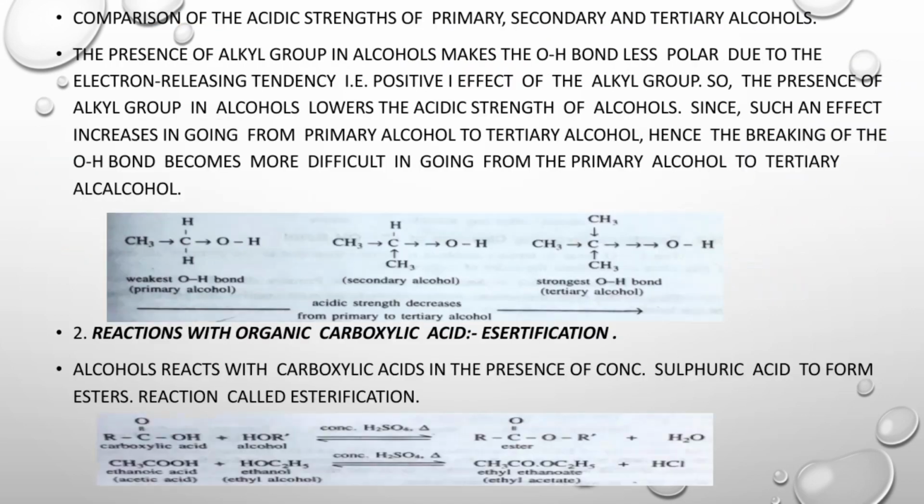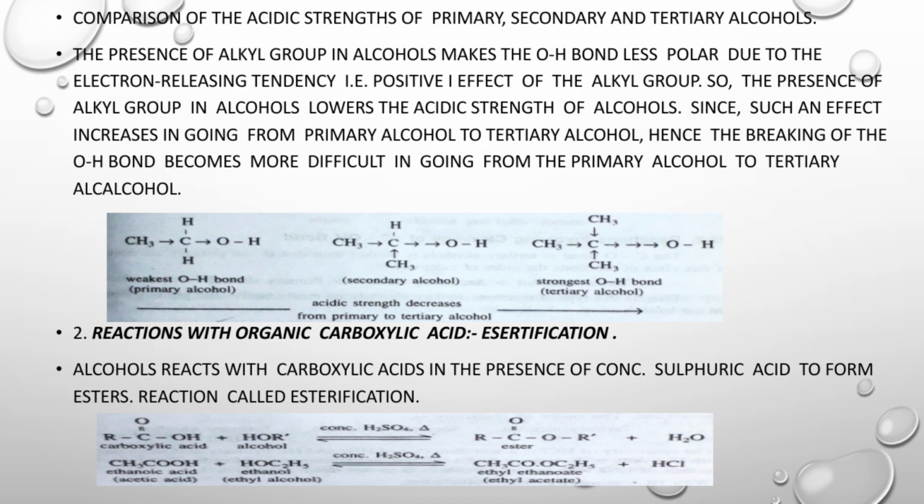Another is the comparison of the acidic strengths of primary, secondary and tertiary alcohols. The presence of the alkyl group in alcohols, that is R, makes the OH bond less polar due to the electron releasing tendency, that is the positive I effect of the alkyl group.